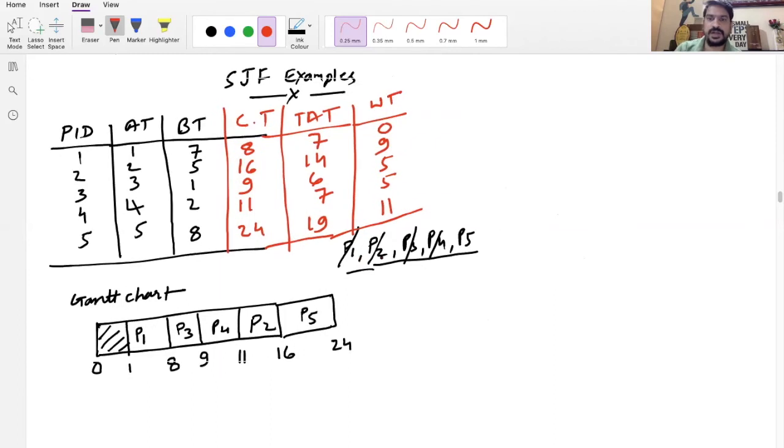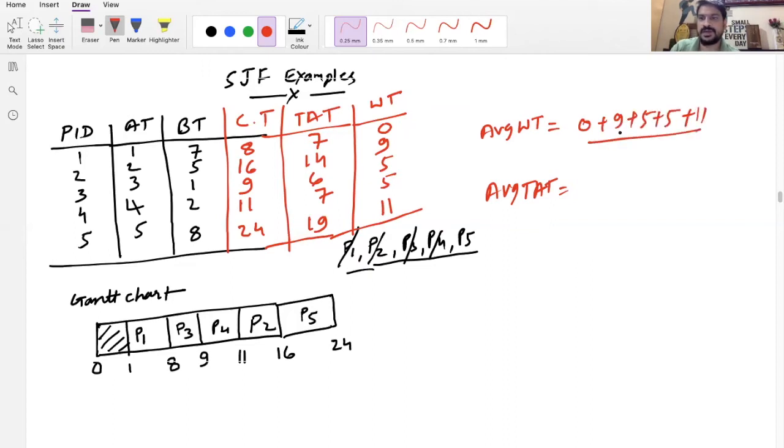Now you can calculate the average waiting time and average turnaround time. These two things you can calculate. So the average waiting time will be 0 plus 9 plus 5 plus 5 plus 11 divided by 5.